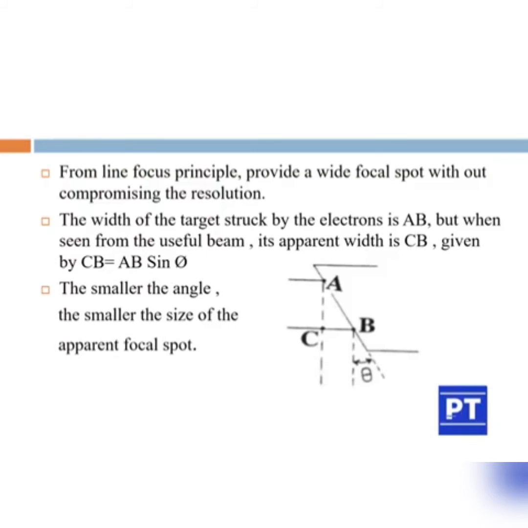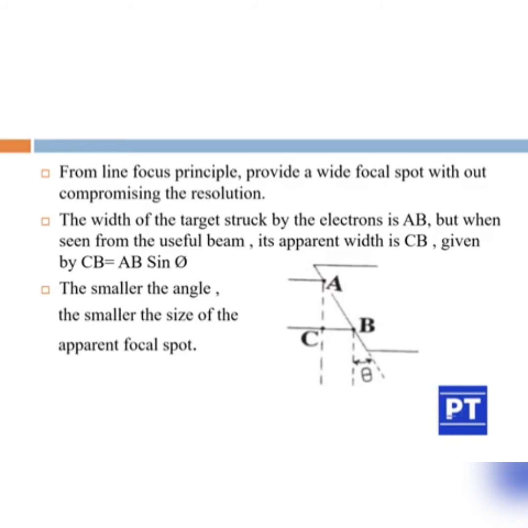A good quality image can be acquired with a small focal spot, so we have to use a large target, since a small target will heat up and burn up. So we have to get a small focal spot and, in spite of that, use a large target. So we angulate the target, and that angulating principle is known as the line focus principle.